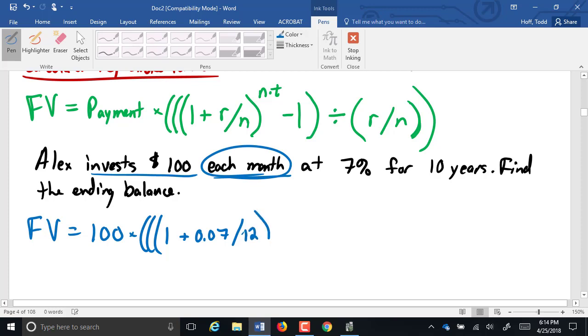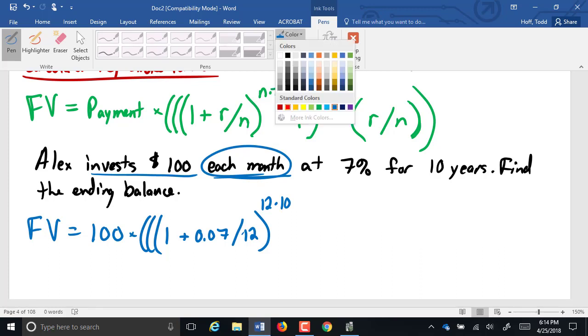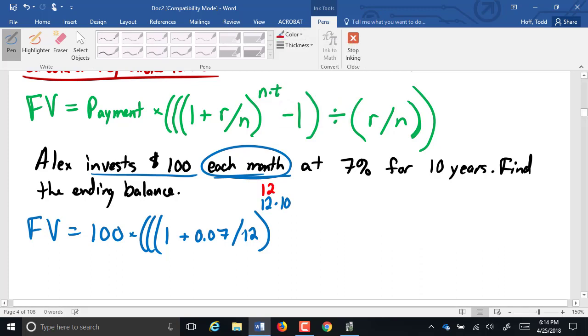So N is just 12, 12 times a year. Then our NT, it's 12 times how many years? 10. N is 12, T is 10. Now what's that number come out to be? 120. So I'm just going to use 120 when I punch it in to make it easier. It's going to be 120 months, 120 periods is what that means.